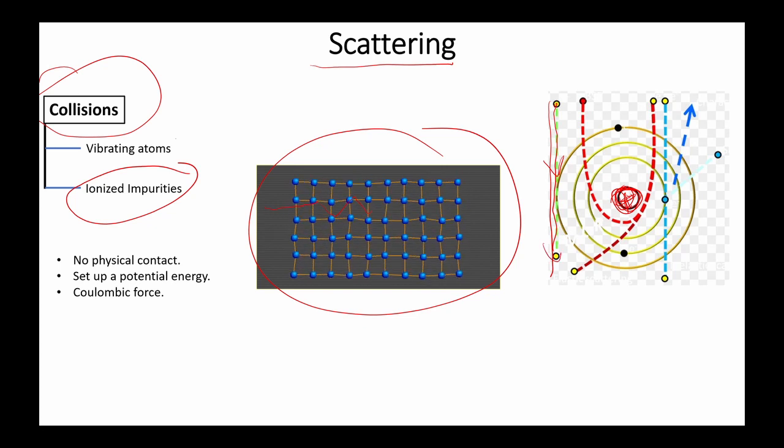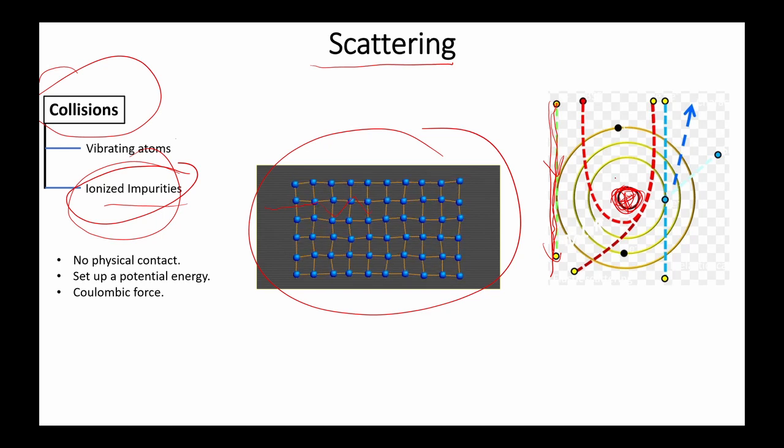There won't be any effect of this positive nucleus on this electron. It can be an electron or hole, and the nucleus can be this charged atom, the ionized impurity that we doped the semiconductor with, which can be of positive or negative charge. So it can hamper the flow of an electron or hole.